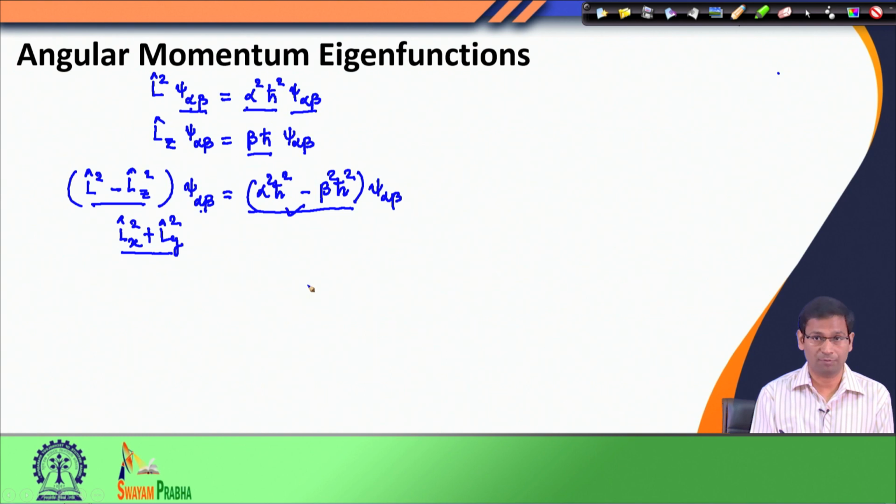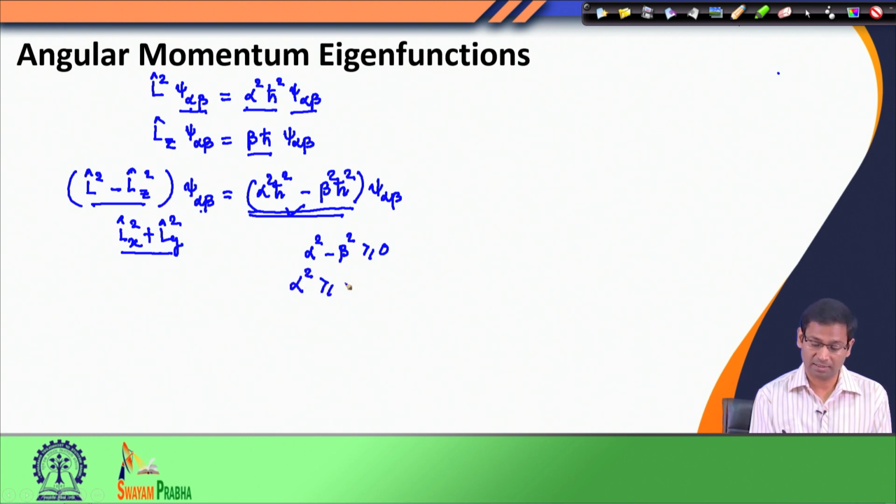Then the eigenvalues of Lx square and Ly square are going to be real and positive. Therefore, alpha square h bar square minus beta square h bar square is going to be real and positive. So alpha square minus beta square is greater than or equal to 0, and therefore alpha square is greater than or equal to beta square.